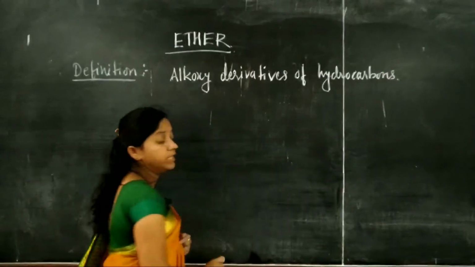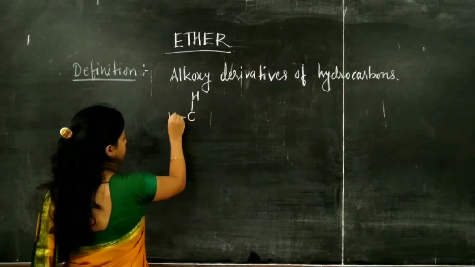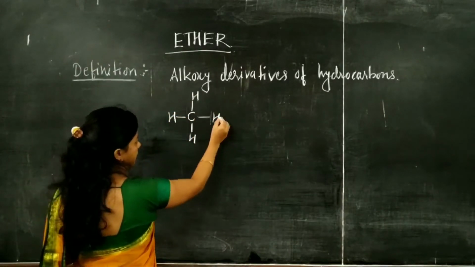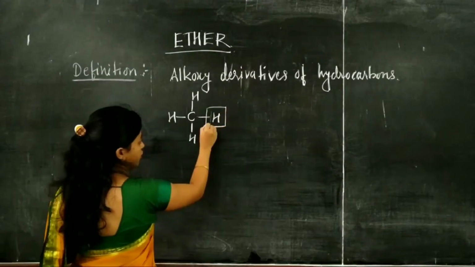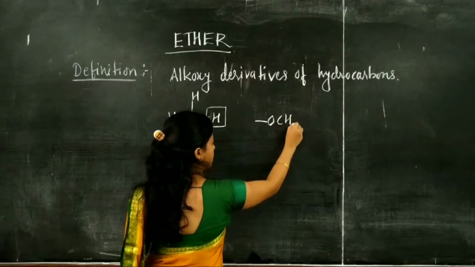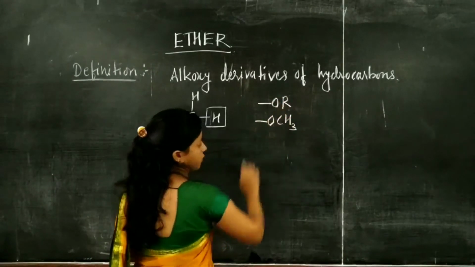For example, if we take methane, a simple example, and replace one H by an alkoxy group, alkoxy means, this is methoxy. Generally we write it as OR. This is the alkoxy group.